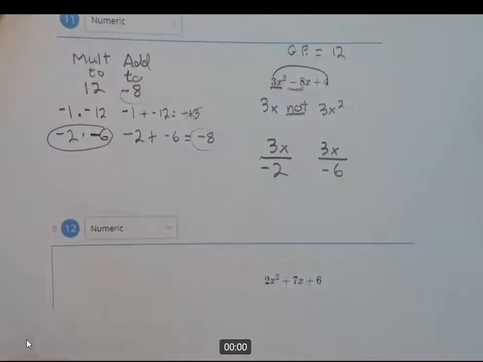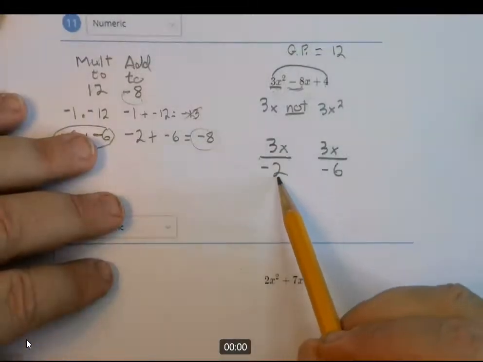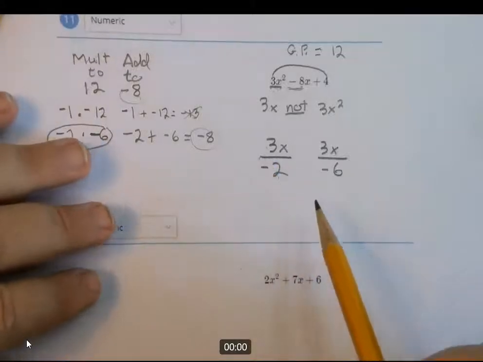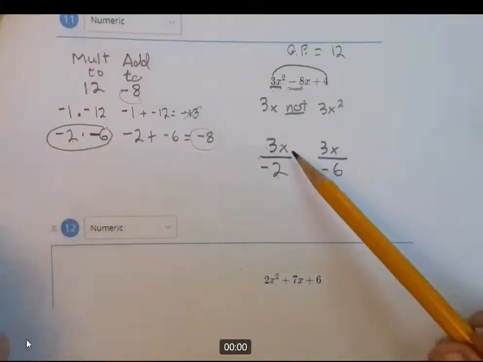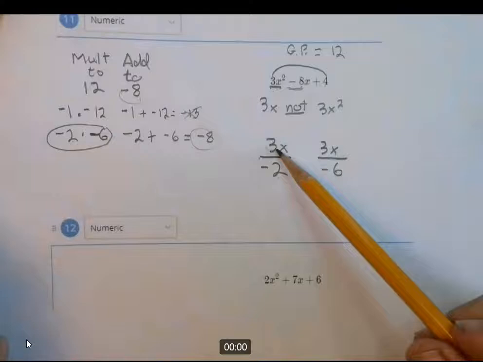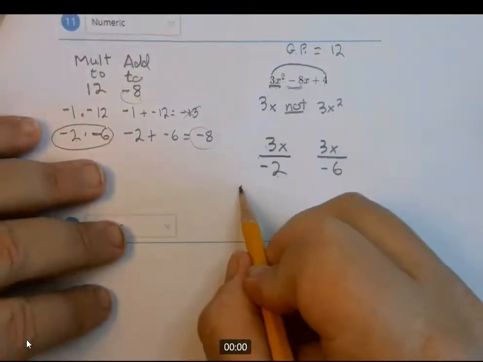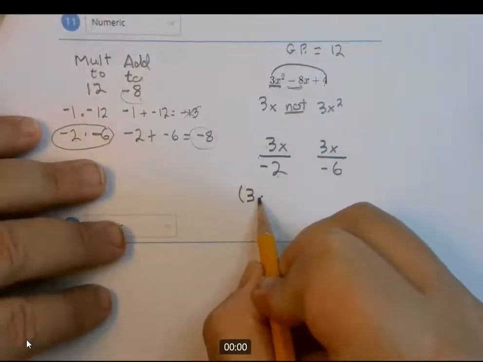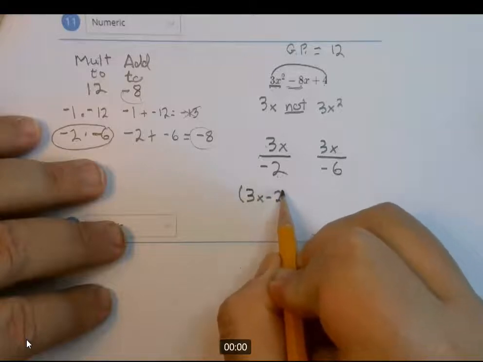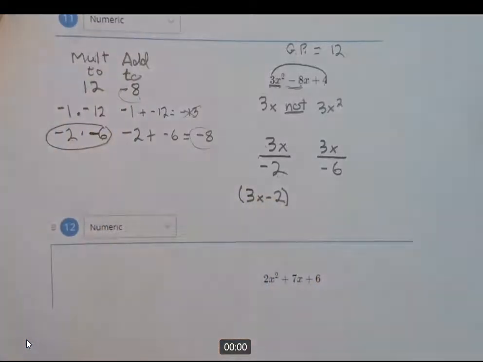Then you reduce these like fractions if you can. So 3 over 2 does not reduce, so you turn that into a binomial. Normally you can't just take a fraction like this, one thing over another, and turn it into this. But this is what you're going to do here. It's 3x minus 2.